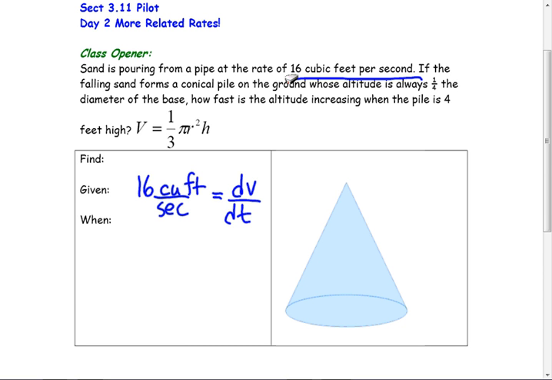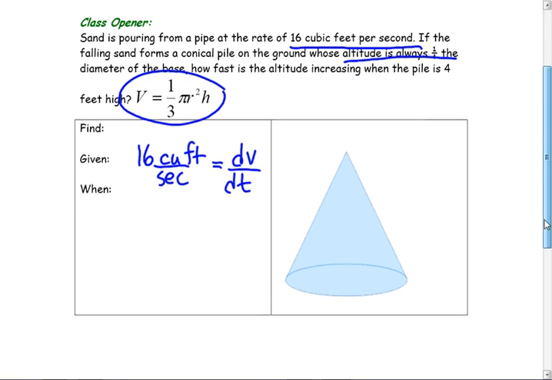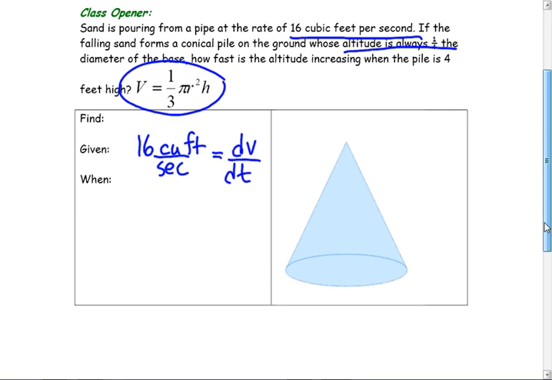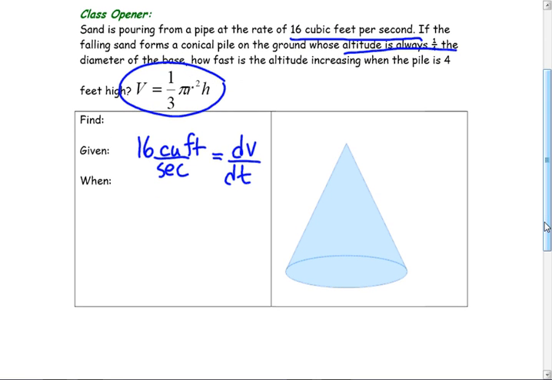It says if the falling sand forms a pile that's a cone, the altitude is always 1/4 the diameter of the base. How fast is the altitude increasing when the pile is 4 feet high? I gave you the formula here. The only thing we can label on our diagram are things that stay constant in time, but nothing stays constant. If sand's pouring, the radius, the diameter, and the height are all going to change.